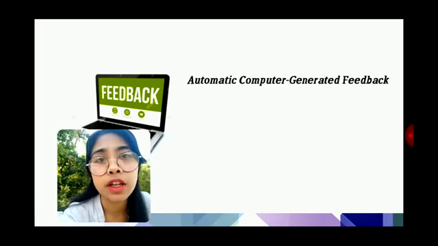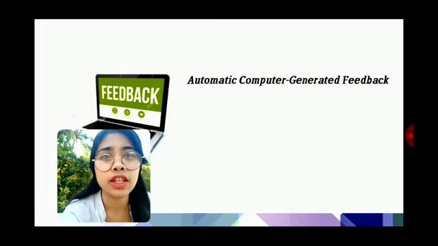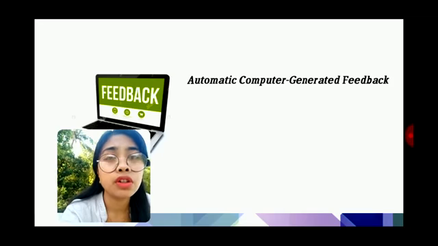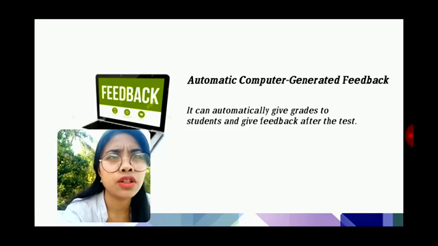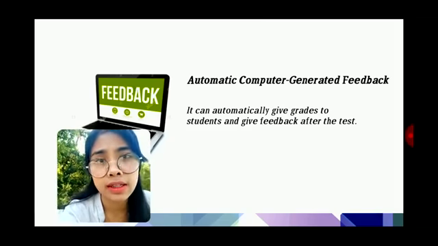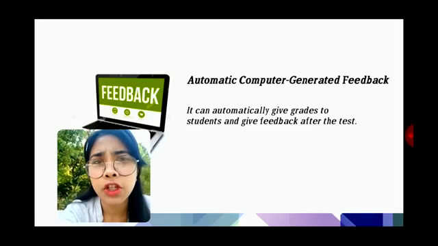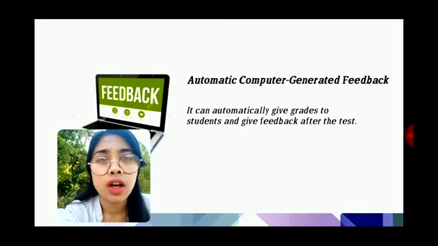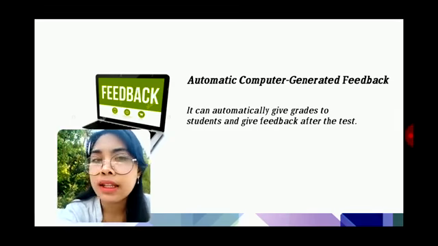There are so many assessments in online learning, but I pick one that I suggest: automatic computer-generated feedback, because it can automatically give a grade to the student and feedback after the test. The application or computer will show how many answers are right or wrong, and in the end section you will have the explanation about the answer, and you can get a personal self-assessment from that.